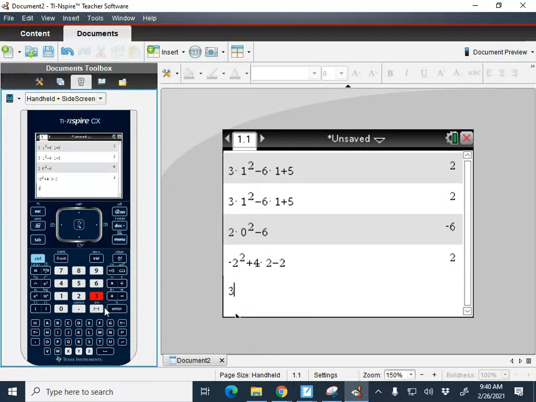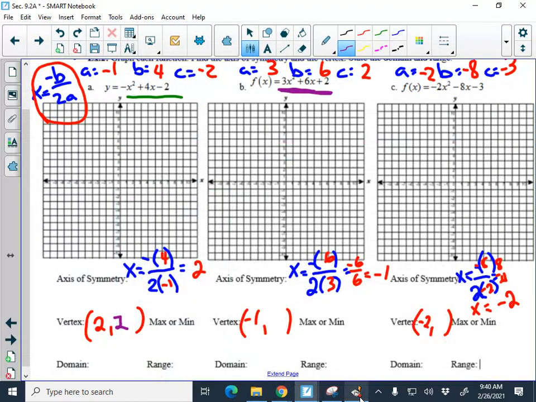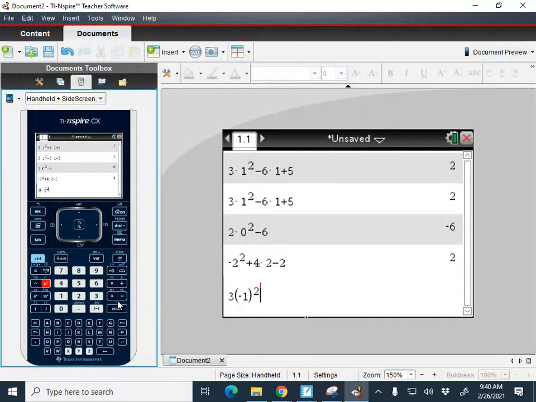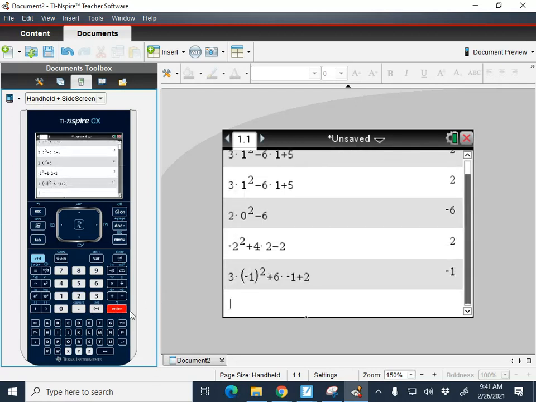Now we need x squared, so we put a parenthesis and we put negative 1, squared, plus 6 parenthesis negative 1, plus 2. Okay, when we put that in, everybody should get negative 1.